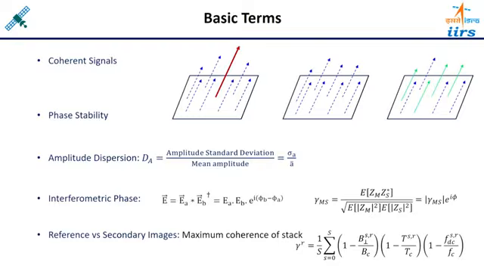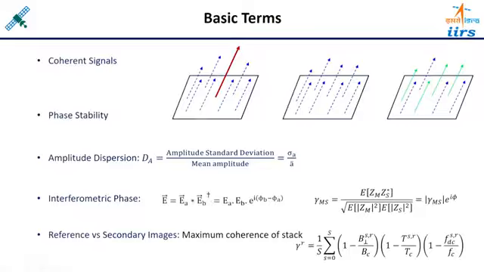Suppose EA is the electric field vector of signal A, and EB is the electric field vector of signal B, or you can say the second signal. This signal is complex in nature, and this signal is also complex in nature. That's why this dagger is mentioned. It means this is the first signal multiplied by the complex conjugate of the second signal.